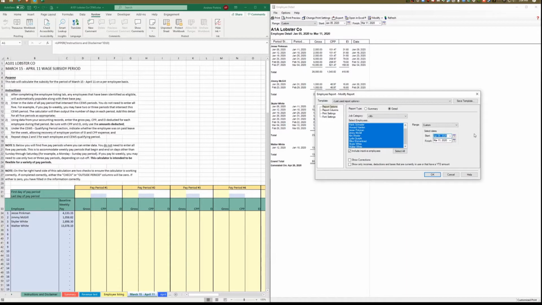So that's what we're going to do in this case. We're going to choose March 3rd, let's say March 7th, 2020, and we'll go to, let's say, April 16th, 2020.